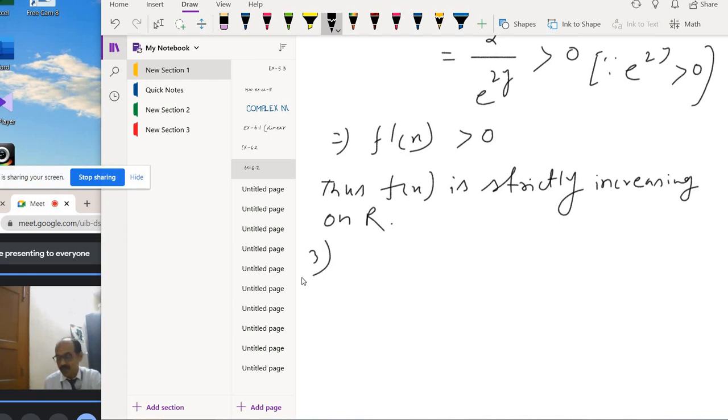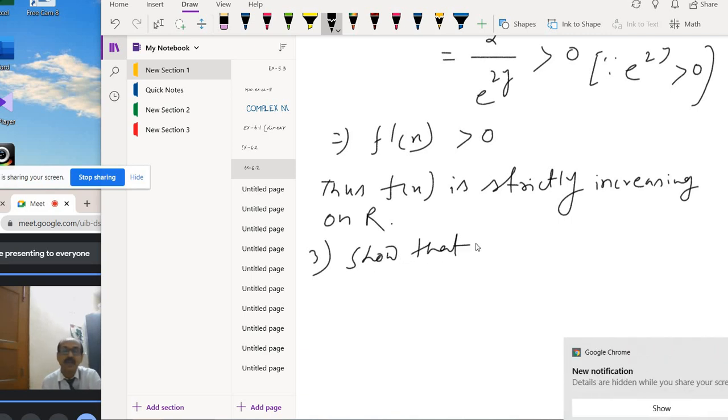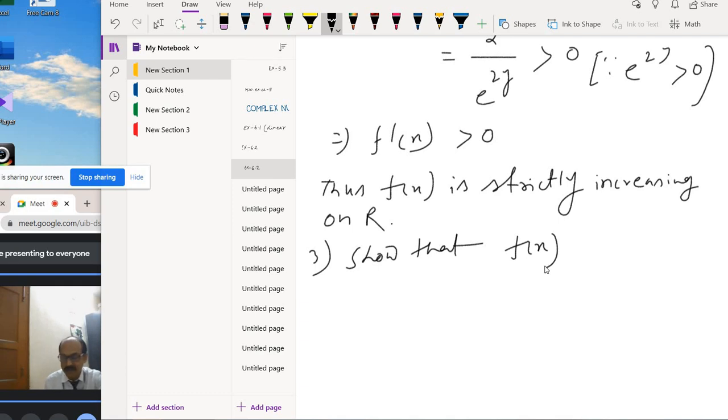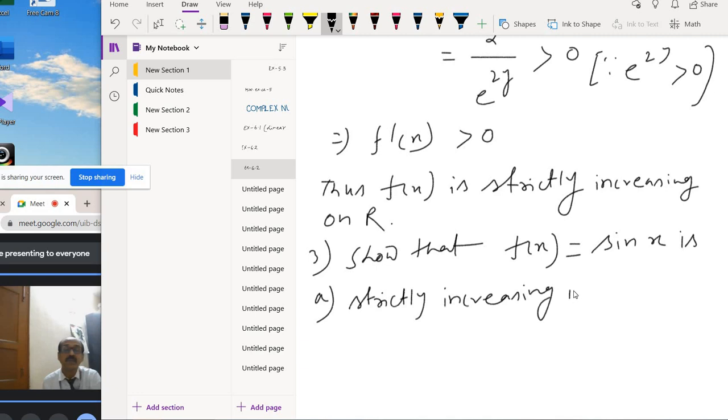Question number 3 is, show that the function f(x) equal to sin x is, first case, strictly increasing in the interval 0, pi by 2.